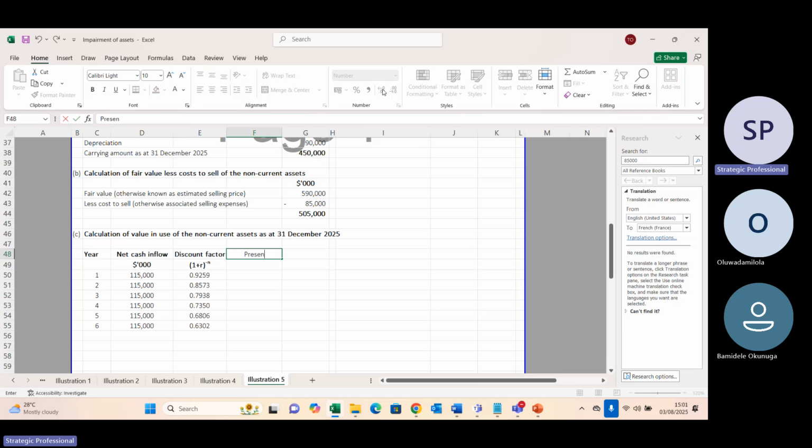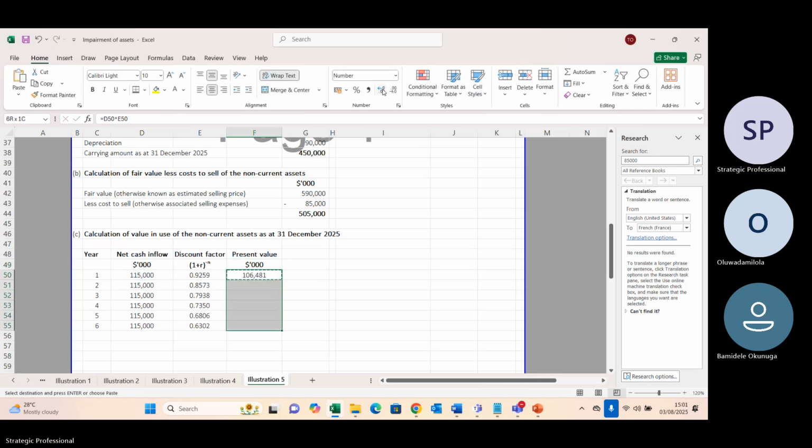Now, can you interpret what I have done? In year 1, the company is saying that if they use that asset, they will make $150 million in year 1.